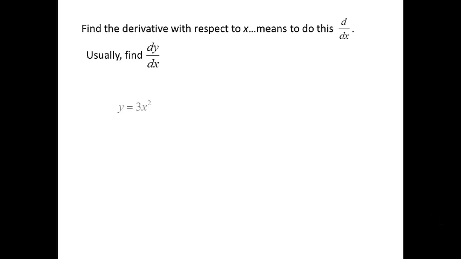So if we're taking the derivative of this, we can say that dy dx is equal to the derivative of y, and we just go ahead and take the derivative. Nice and simple.